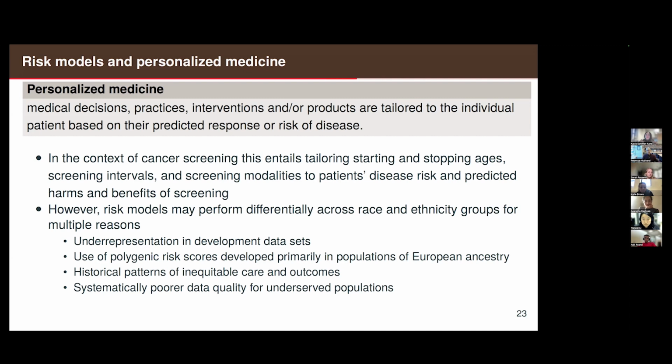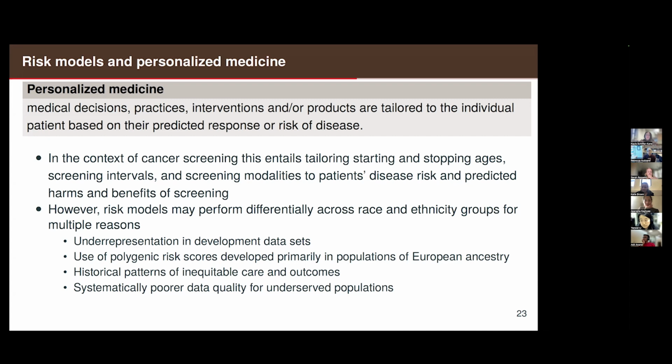However, for all the reasons that I've been talking about up to this point, we know that data quality is not the same for all people. And so the risk prediction models that we've generated do not necessarily perform the same for all people, and in particular, may perform differently across racial and ethnic groups for a whole host of reasons. Those include just demographic underrepresentation in the data sets that were used to develop the risk models, use of genetic information that may have been derived in populations who are primarily of European ancestry.